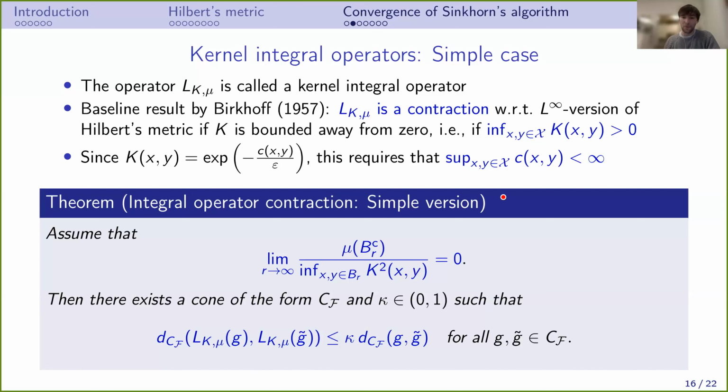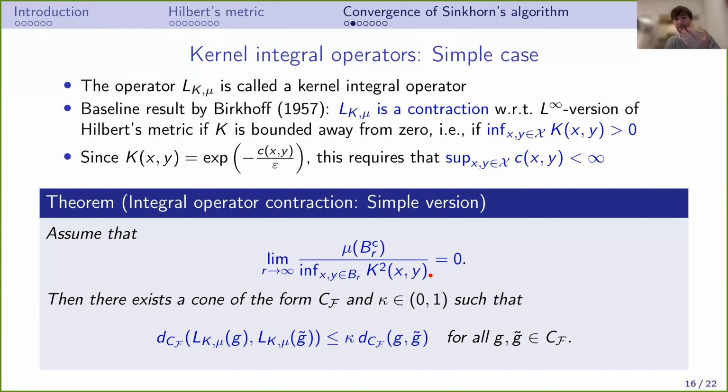So what we now can prove for this new version of Hilbert's metric is a generalization of this result. What we require is just that the limit for the radius r to infinity of the mass that mu puts into the tail, divided by the infimum over all values in the ball of radius r of k squared of x, y, has to be 0.